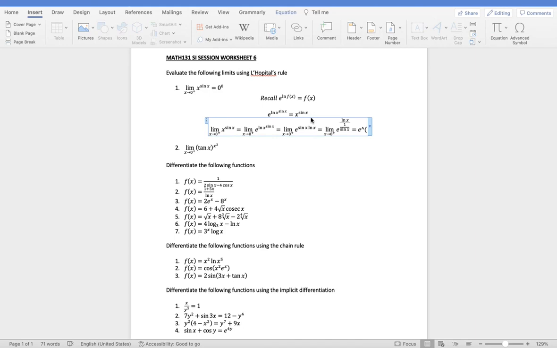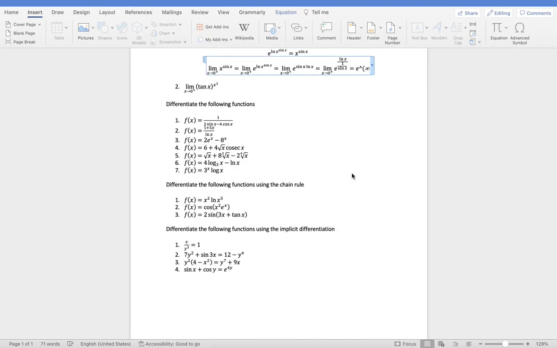So it's e to the infinity, right? Divided by what? Divided by 1 over sine of 0, which is 1 over 0, which is close to infinity, right?